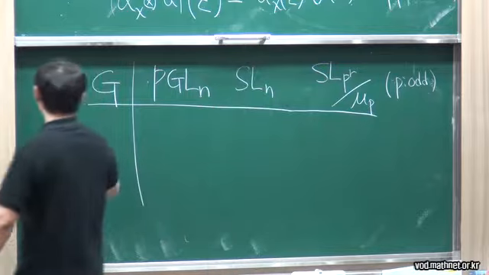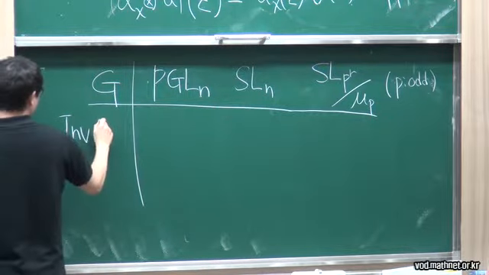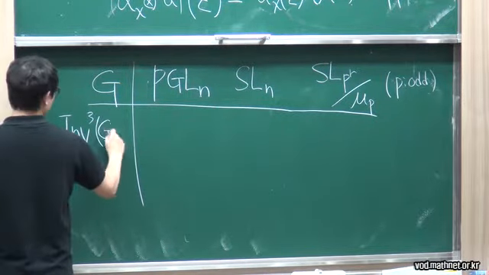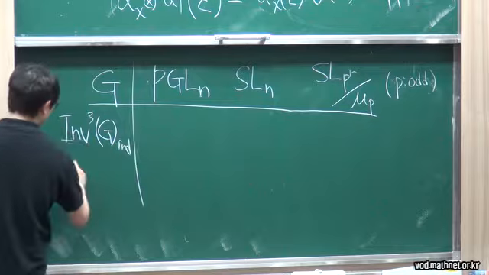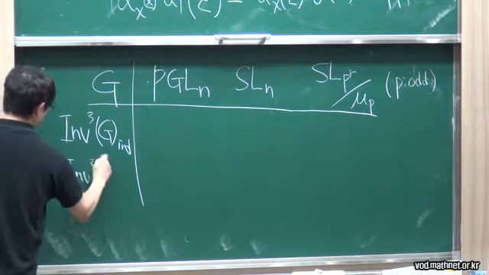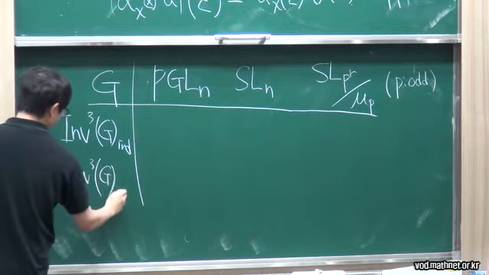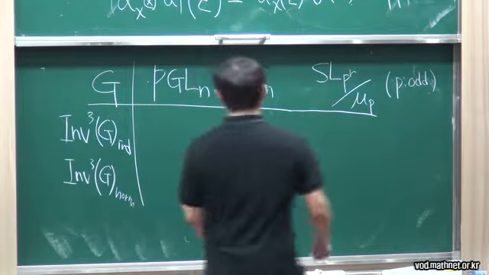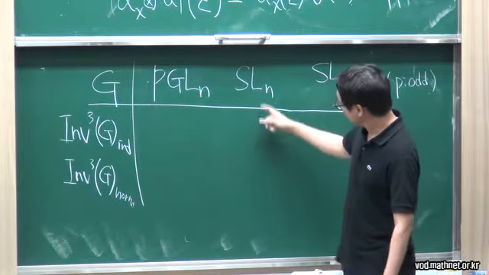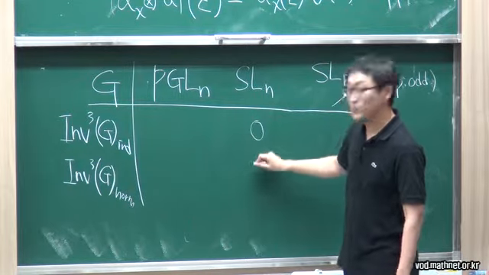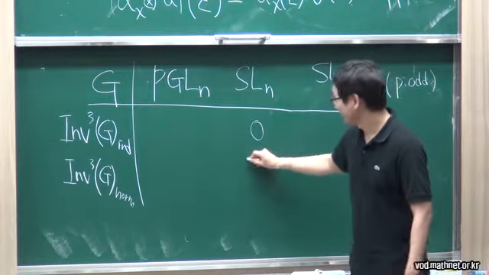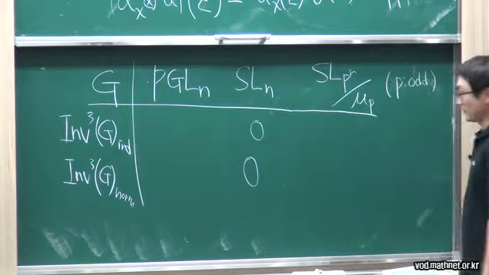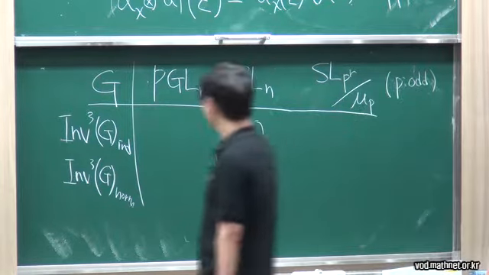Okay, then indecomposable invariance, so for simply connected group SLn, the torsor is trivial, so there is no non-trivial invariance.